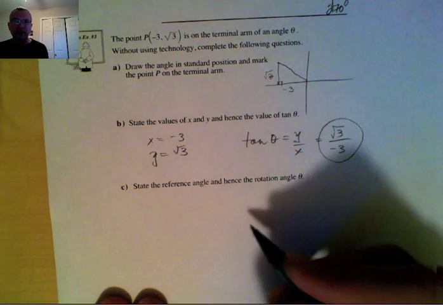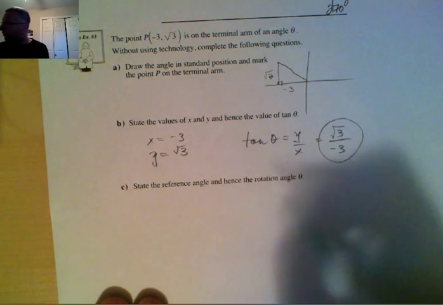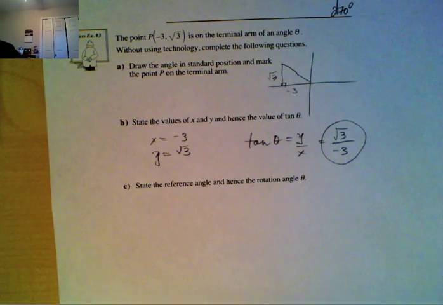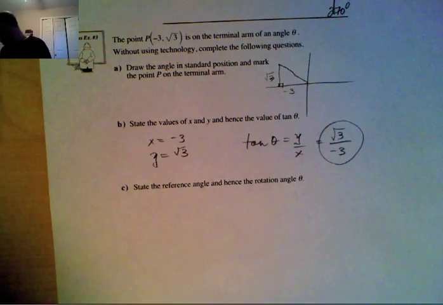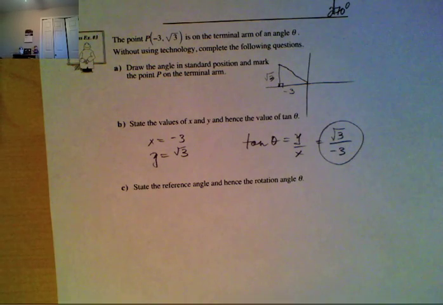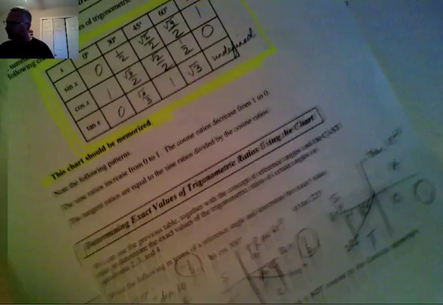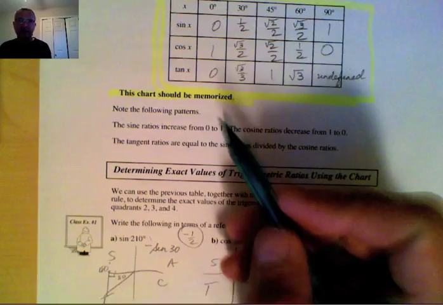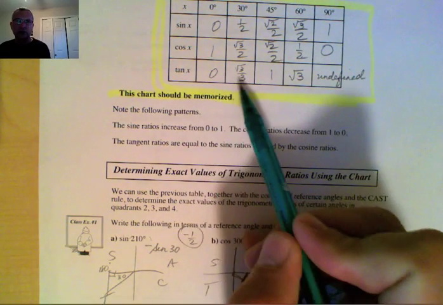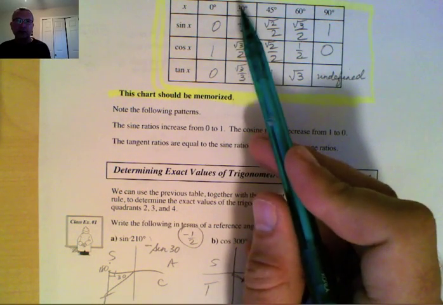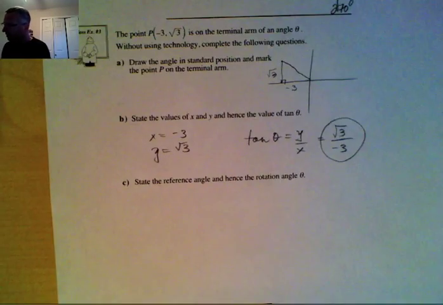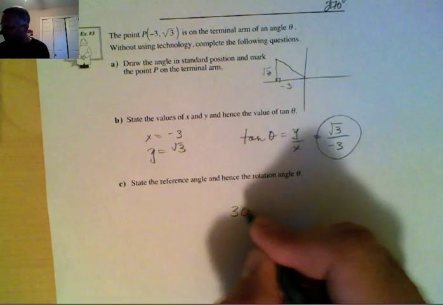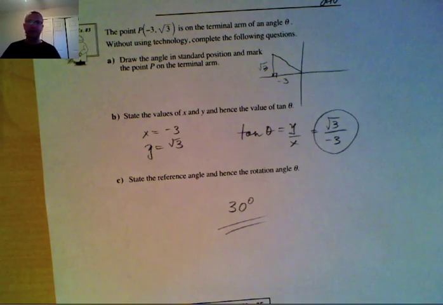It says state the reference angle for this angle of rotation. Well, if I go back to my table, the one that we created, and I look at tangent, tangent is root 3 over 3 when we have a reference angle of 30 degrees. So in this particular question, our reference angle is 30 degrees.